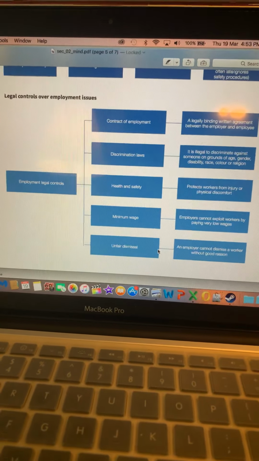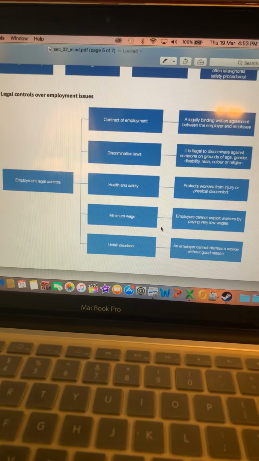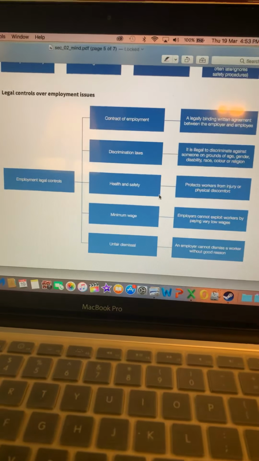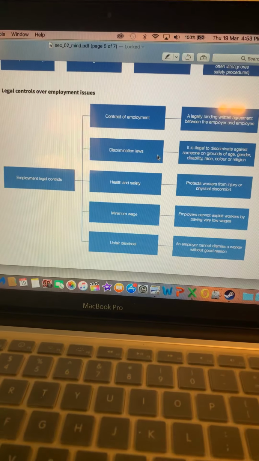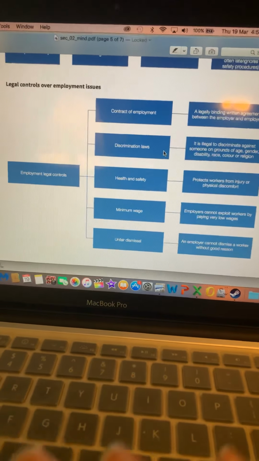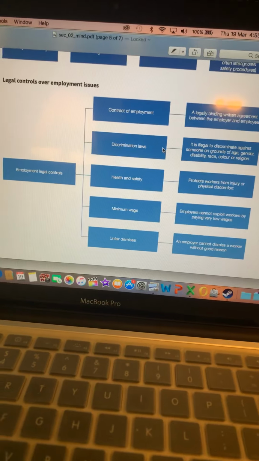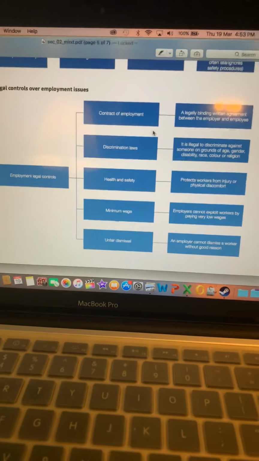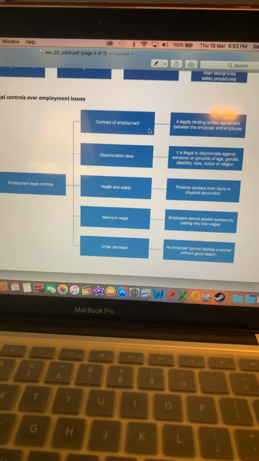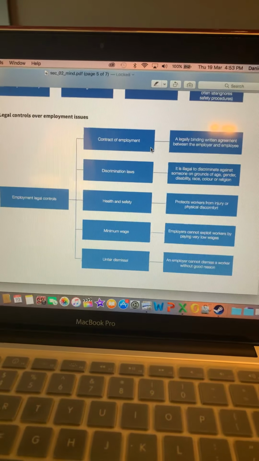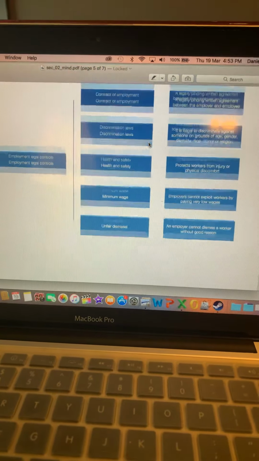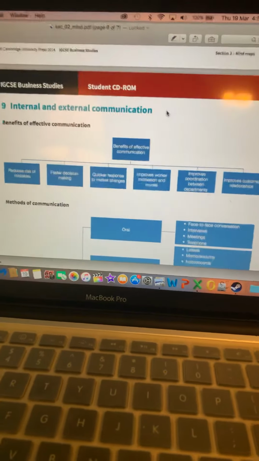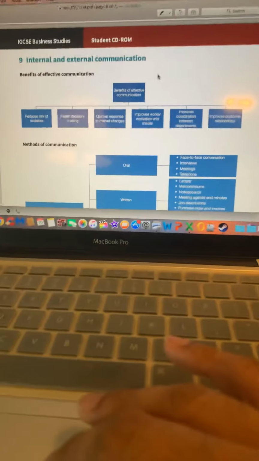So you have protection against unfair dismissal, you have minimum wage rates implemented by the government, health and safety laws, discrimination and anti-discrimination laws against things like age, gender, race, religion, stuff like that. And contract of employment, you must have a contract. Without a contract, it's not a legal employment, right? So those are laws. They are implemented by the government to protect employees.